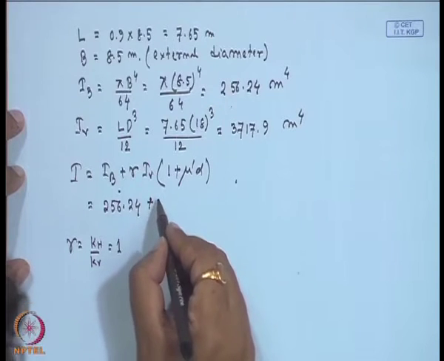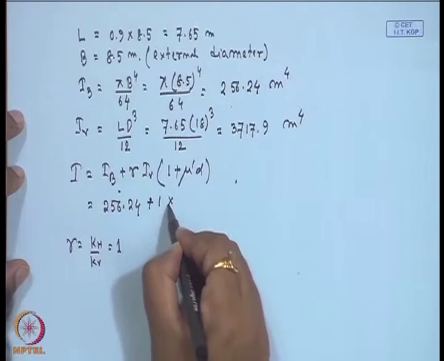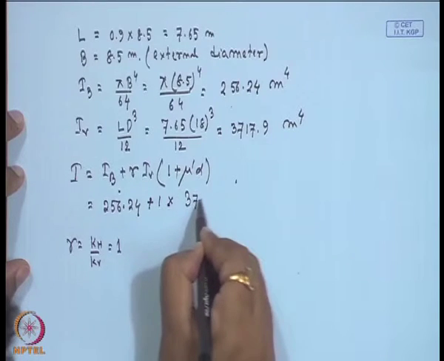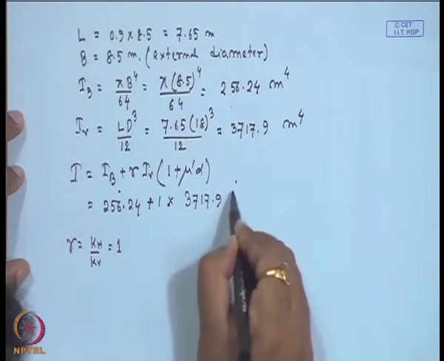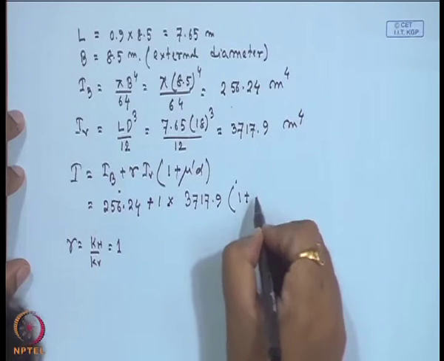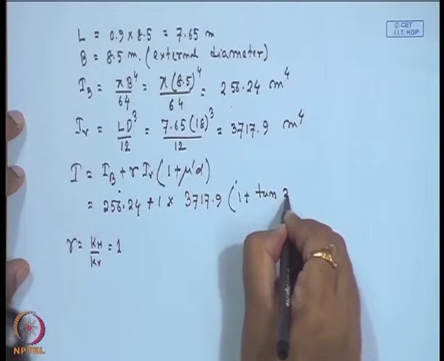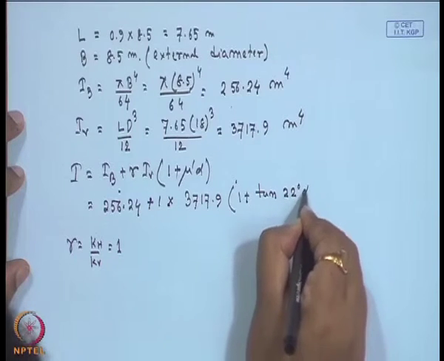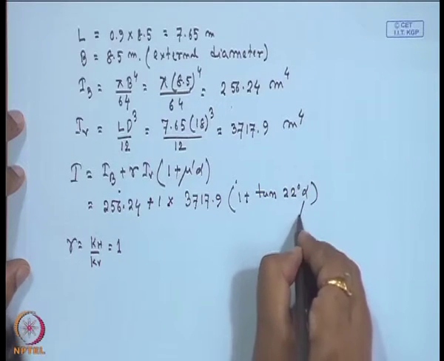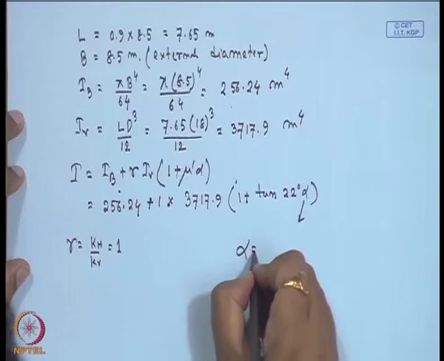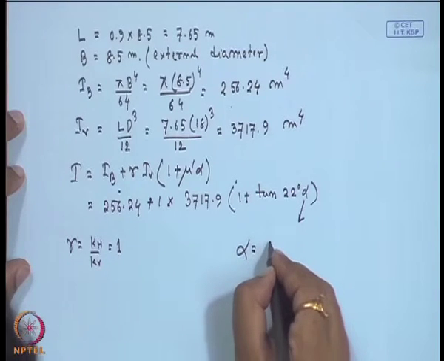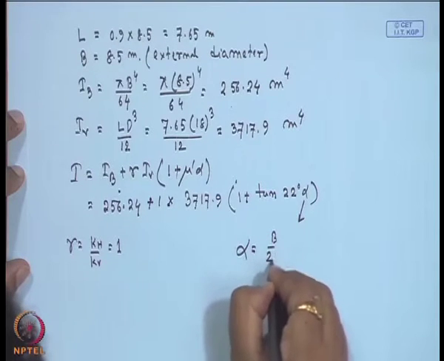So, Iv is 1 into 3717.9, into 1 plus mu dash, where mu dash is tan 22 degree, into alpha, and alpha value we can take as b by 2d.